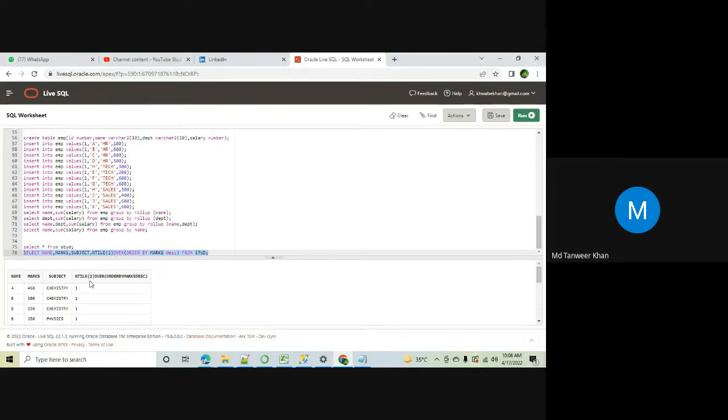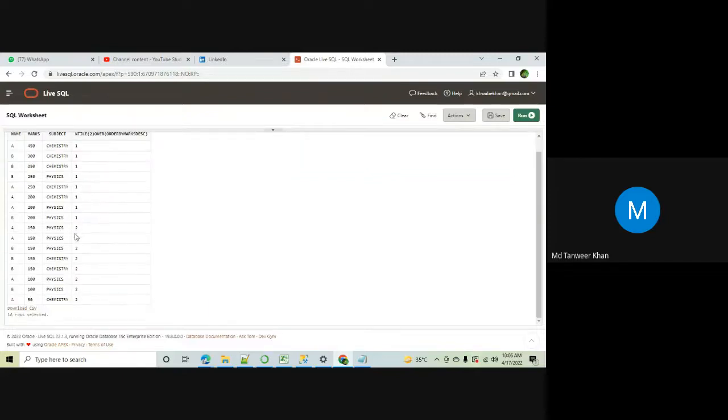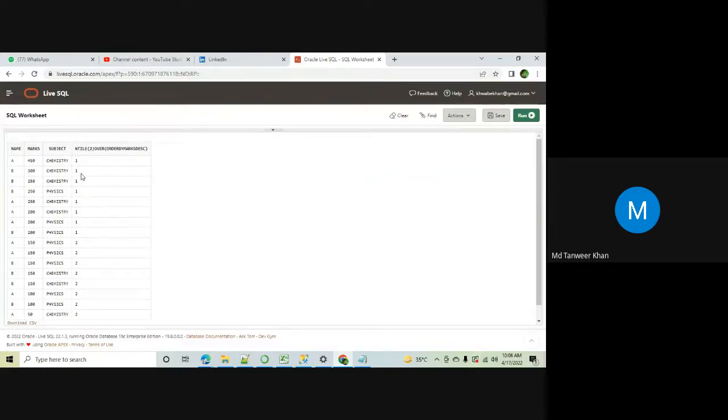This is ntile. Look at the result set and tell me why it is 1 1 1 1 till here, and after this why it is 2 2 2 2. This is not an SQL question, this is a reasoning question.